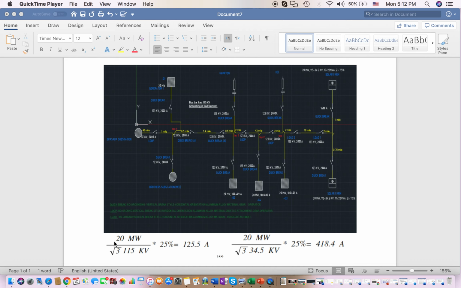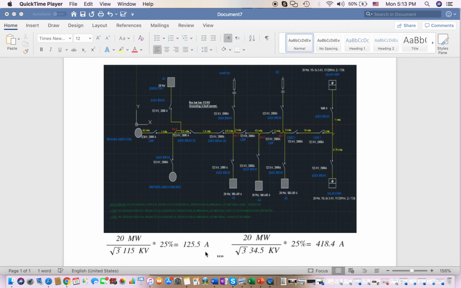And the first calculation is the current coming from the 20 megawatts generators, including the safety factor of 25%, and it's here as follows, which we will get 125.5 amperes.